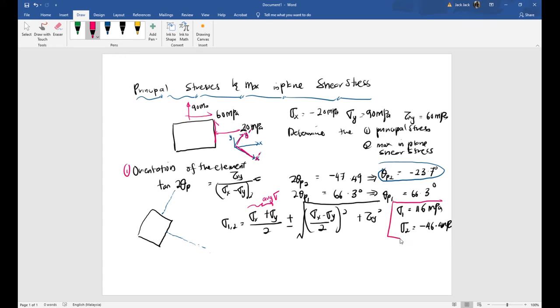We have these two values. From here we know that sigma 1 is the maximum principal stress and sigma 2 is the minimum principal stress. We can just simply refer to the signs. Right now, we do not know whether this 116 megapascal is the value for normal stress at this position or at this position. So we have to check.